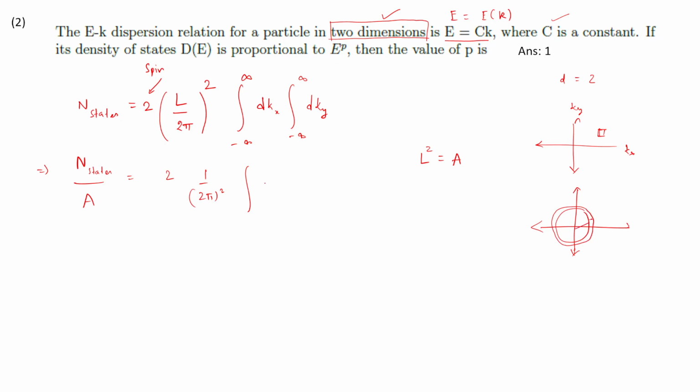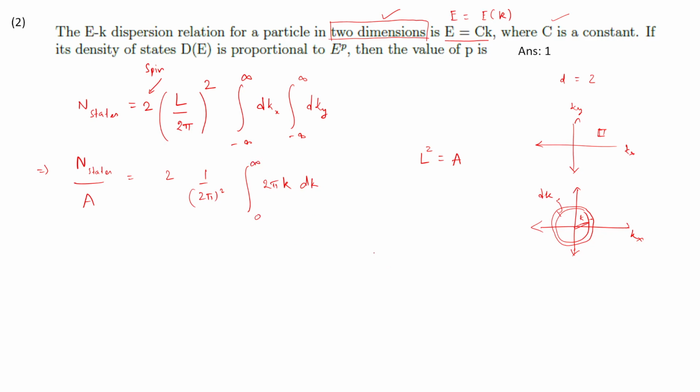So it will be 2 pi k, the radius you can think of as k. So 2 pi k is the circumference of this strip, and dk is the thickness of this strip, from 0 to infinity.